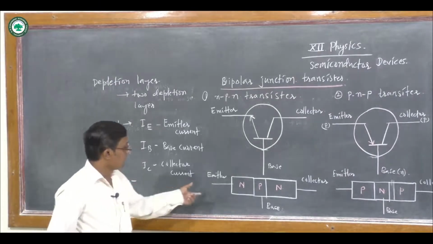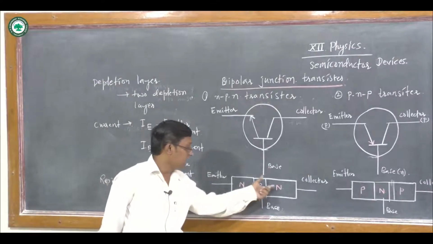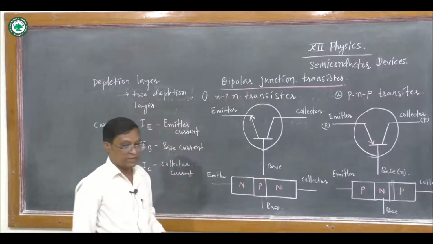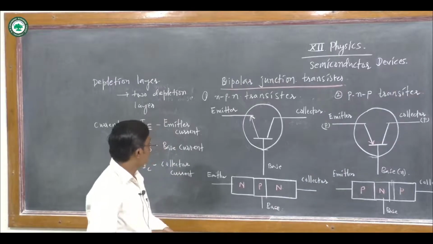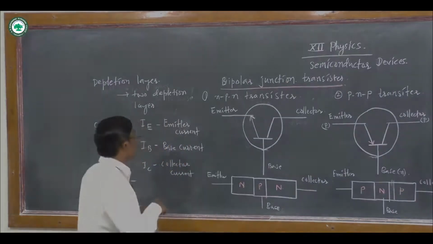This resistance between emitter and base is low resistance, and the collector and base offers the high resistance.